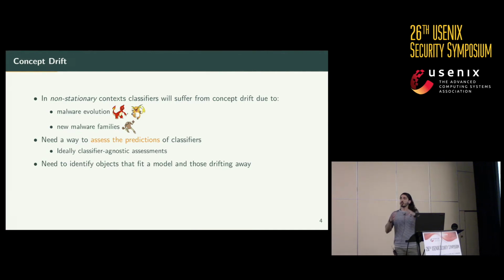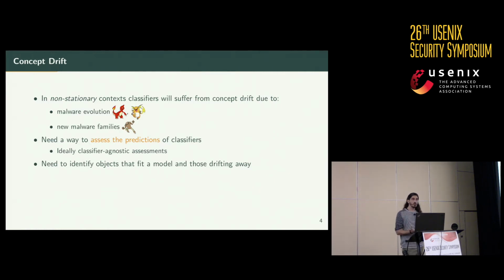It appears when the model is static and the objects that you are trying to predict are dynamic, so they change over time. In malware classification, this is due to malware evolution, because malware evolves in order to evade the classifier, and also when a totally new family appears that was not known before.